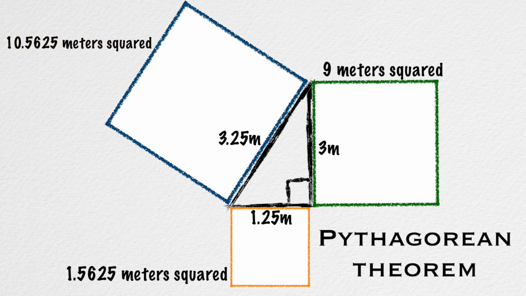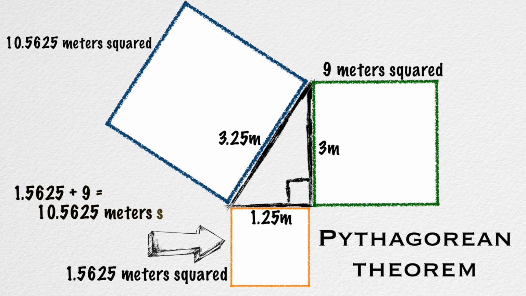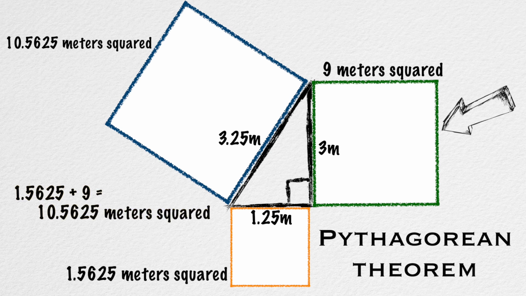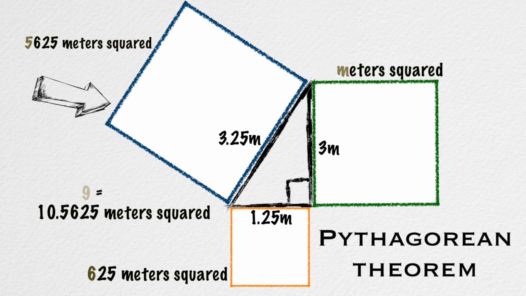Again, if we add this square and this square, which is 1.5625 meters squared plus 9 meters squared, we get 10.5625 meters squared, which is the area of this square, whose side is the hypotenuse.